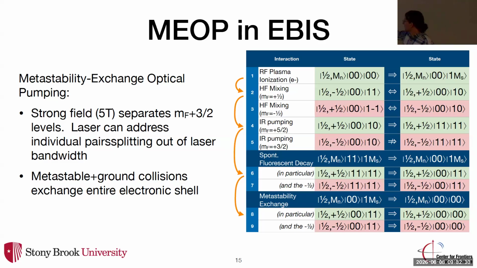So this is now, instead of being the 1s, now we have 1s 2p. So this has an orbital angular momentum. There's also a state that takes the one we don't like, this down polarized neutron, and mixes it into a higher angular momentum state. But because of that strong field, we can pick a laser light that does this one, but cannot make this transition.